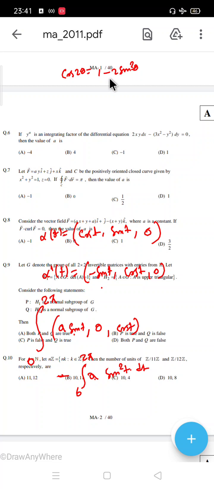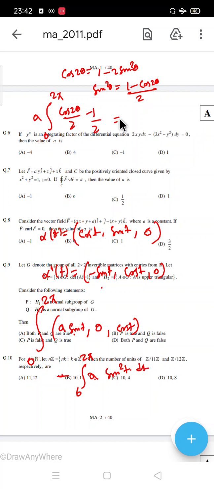So sin square theta will be 1 minus cos 2 theta upon 2. This is what I am having. So this will be integration 0 to 2 pi e, it will be cos 2 theta by 2 minus 1 by 2, that is equal to, I am having pi.